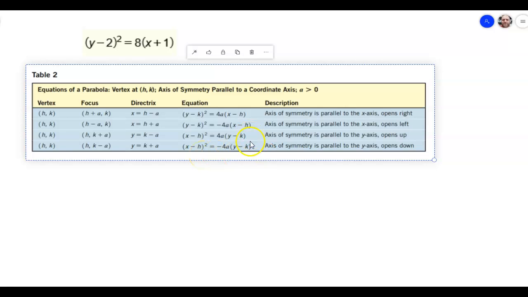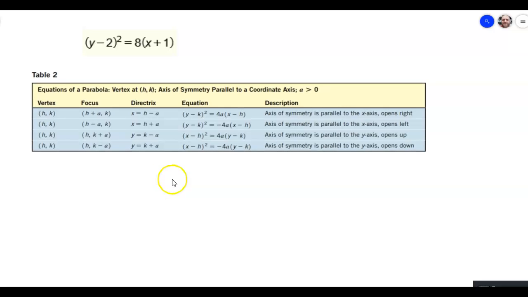Once we get the equation into one of these forms, we set the 4a or negative 4a equal to the constant outside the parentheses to solve for a, and go from there.